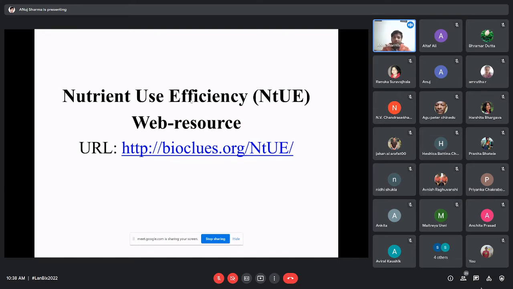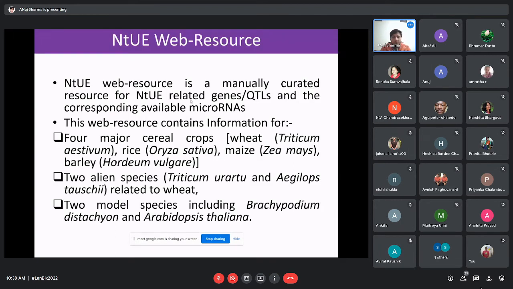We also developed a nutrient use efficiency web resource under the mentorship of Prashant sir, Professor P.K. Gupta sir, and Kavi Kishore sir. It is hosted on the Bioclues official website. It is a manually curated web resource that provides comprehensive information about genes, QTLs, and their corresponding microRNAs.